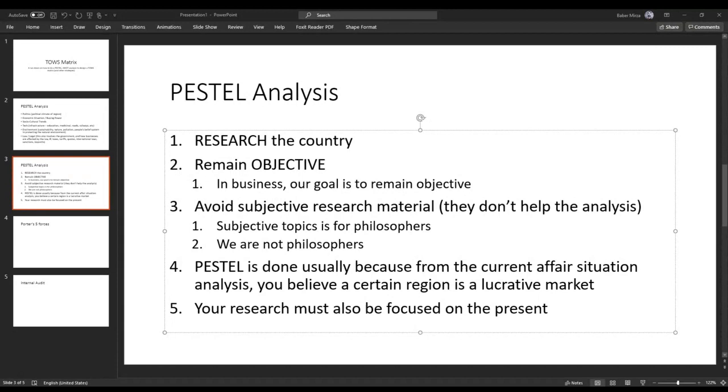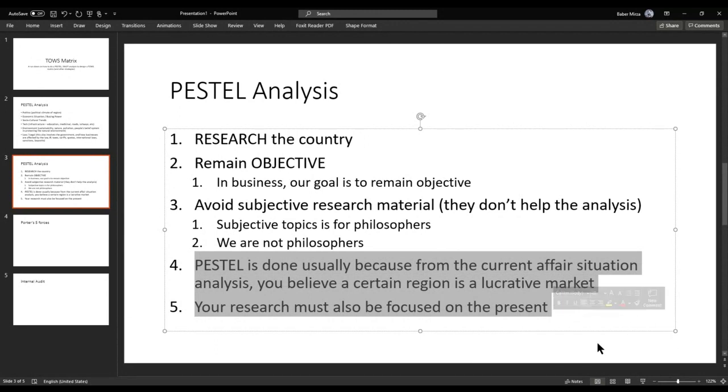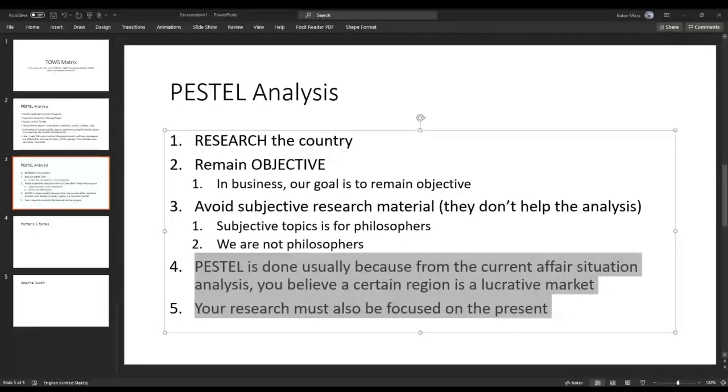Try to understand the philosophy behind this. When we do PESTEL, generally speaking, we focus usually on the present. When I say the present, you look at the news. This is the best source of information, but it can also be biased.